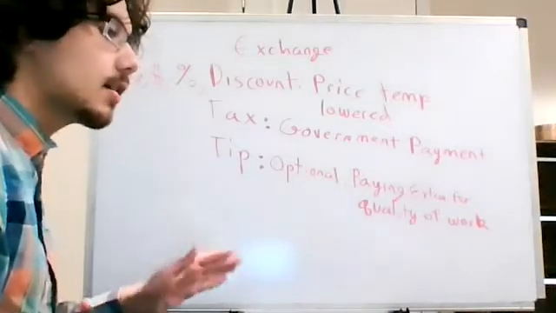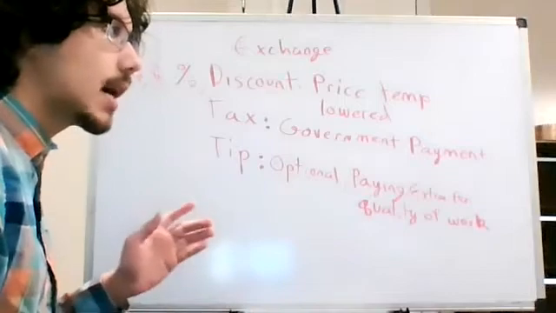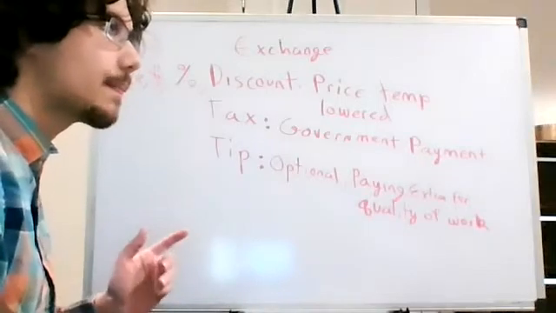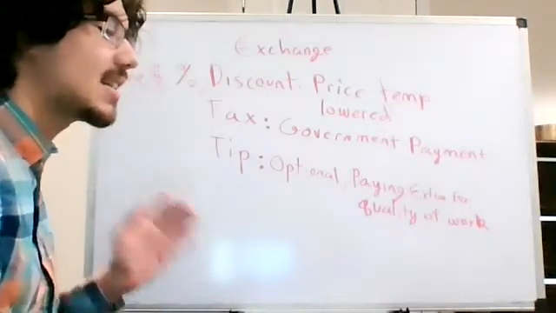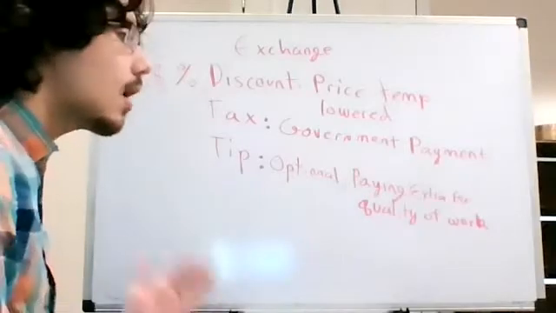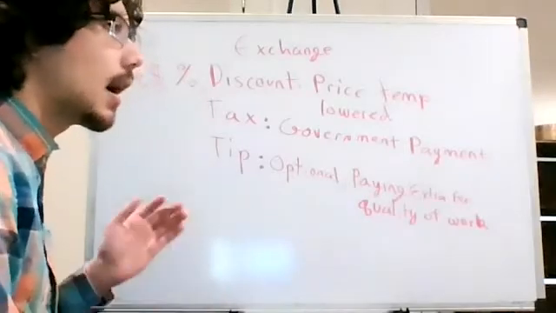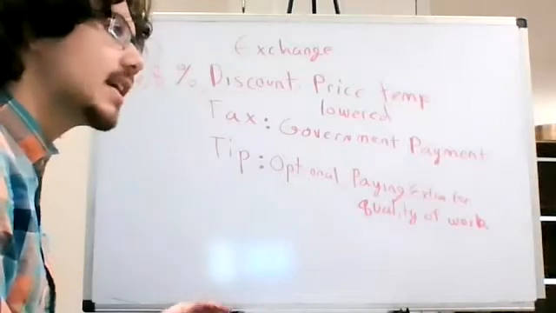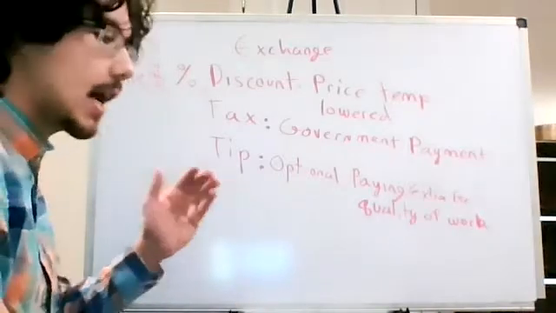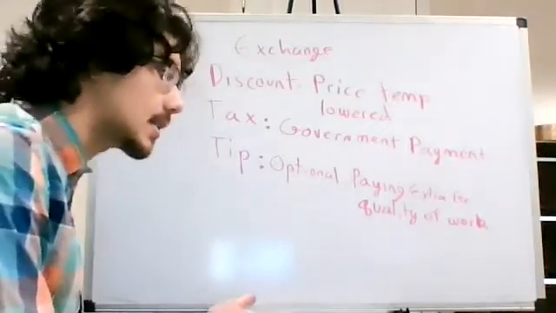Waiters and servers in restaurants do not get paid minimum wage. They don't get paid a salary like most other people do. What happens is most of their money is made from tips, and I'm a little biased against this practice.